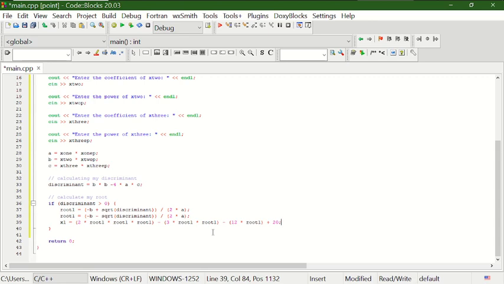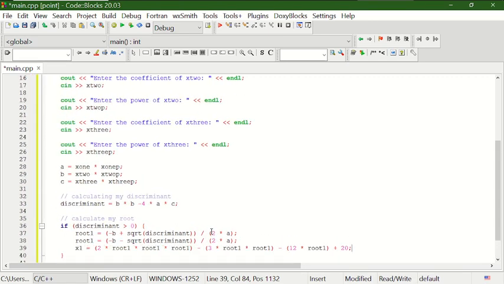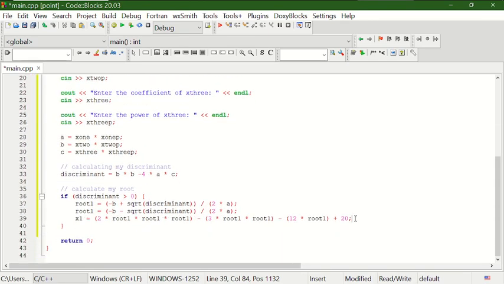So since we have done this, we can actually calculate for x2. So x2 will just be the same thing, right? But we're going to change the root to root 2. So let's just write it.